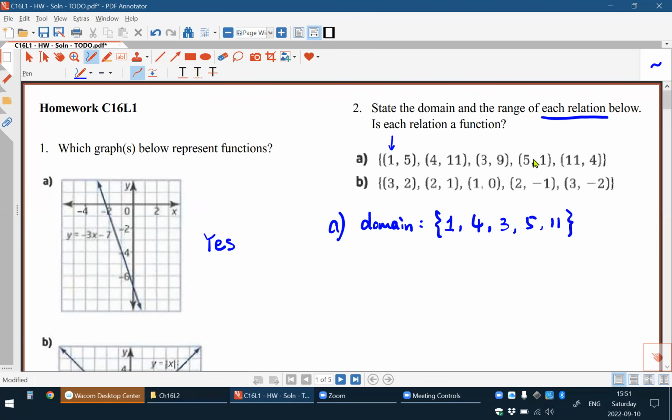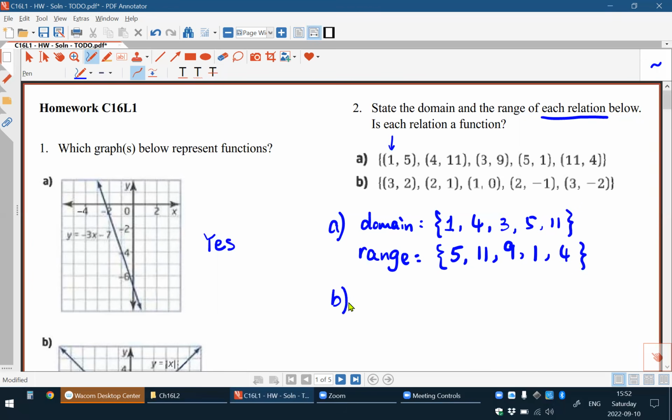This is our domain, all possible values of the independent variable. And the range is the collection of all possible images of the independent variable, which are 5, 11, 9, 1, 4, right?